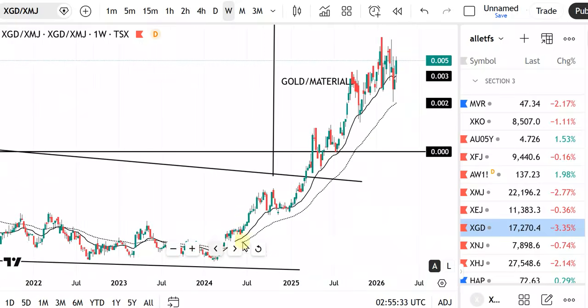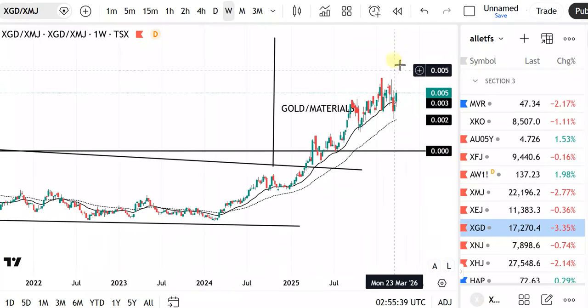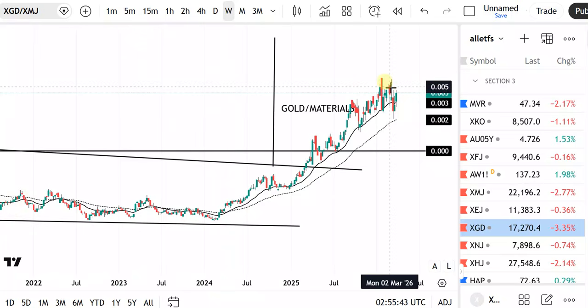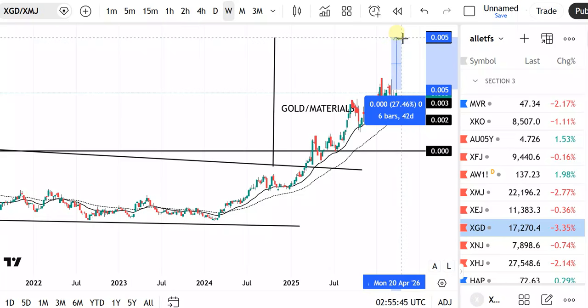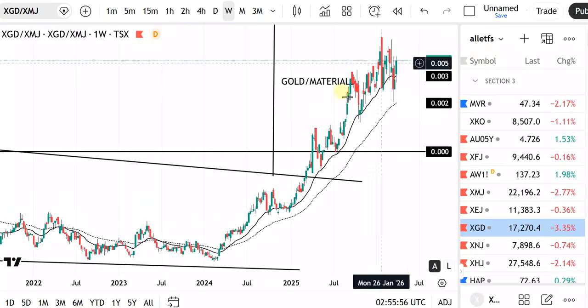You can see gold has been outperforming materials since 2024. Gold was projected at a higher rate. This has gold outperforming the materials by 27%, which is in line with that bullish gold projection.